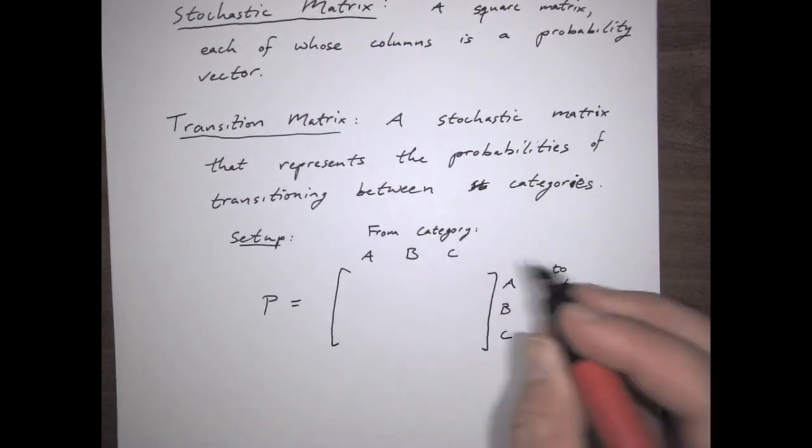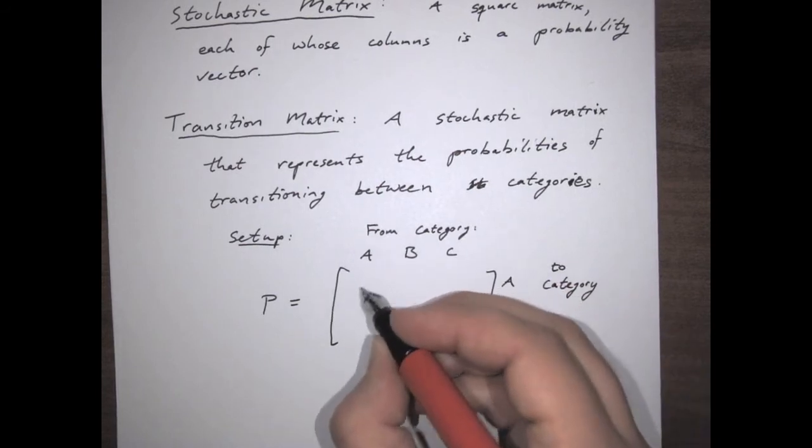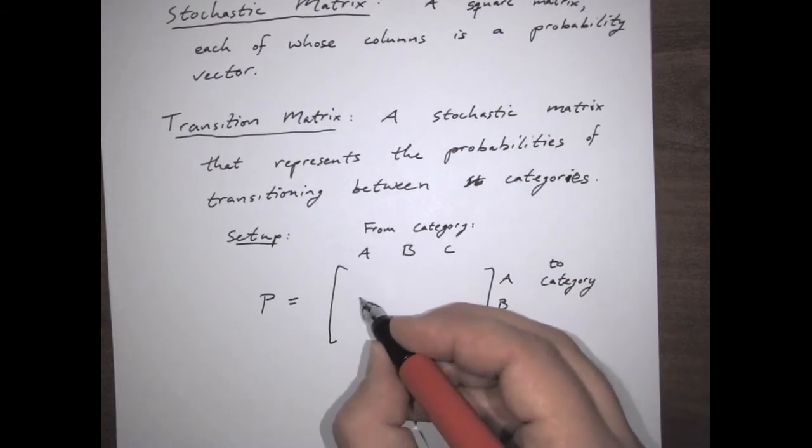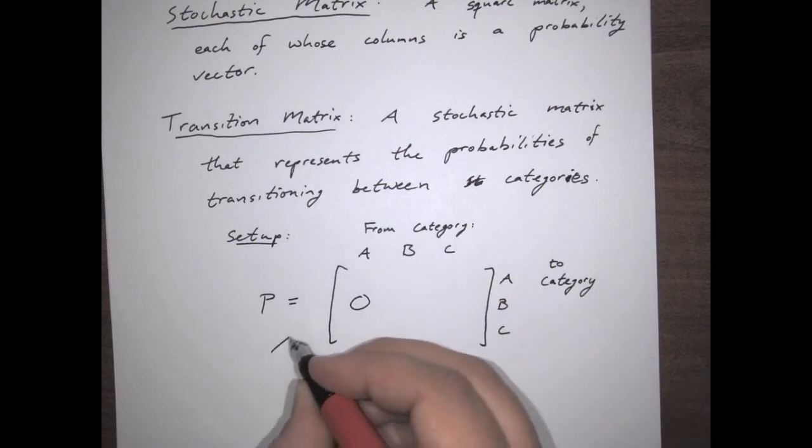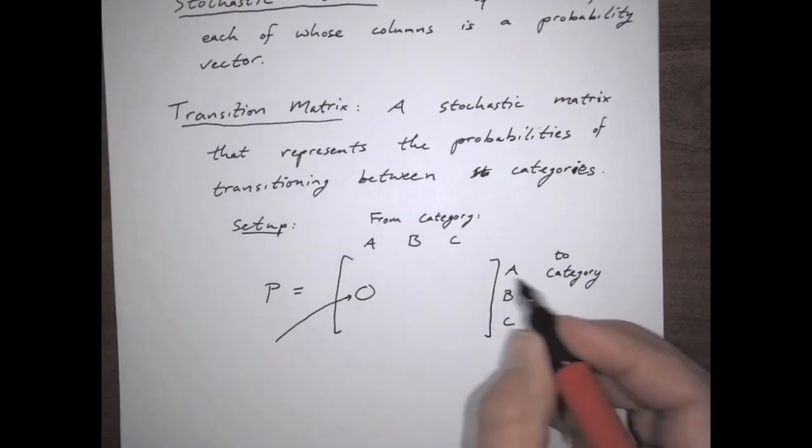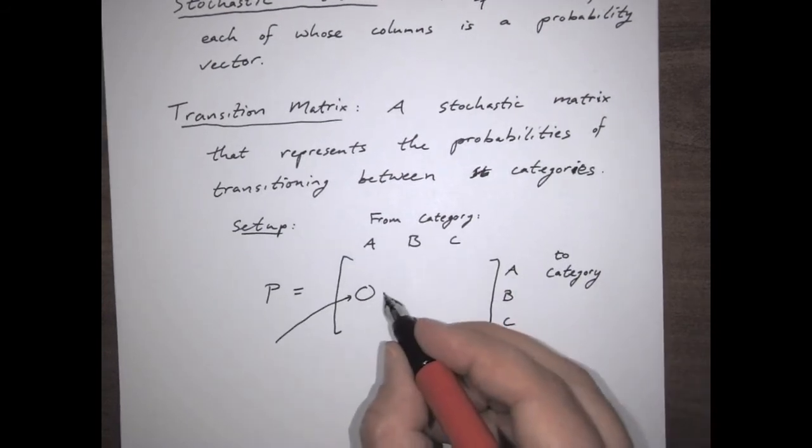Then let's say like right here, just like this one as an example, this would represent the probability of going from category A to category B.